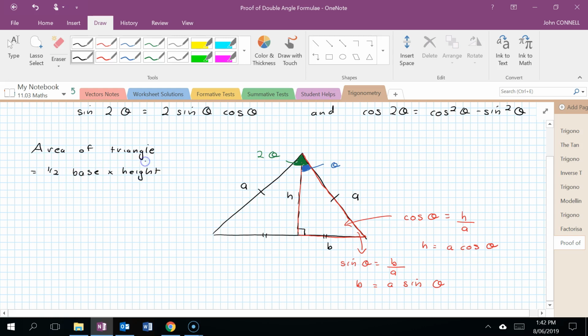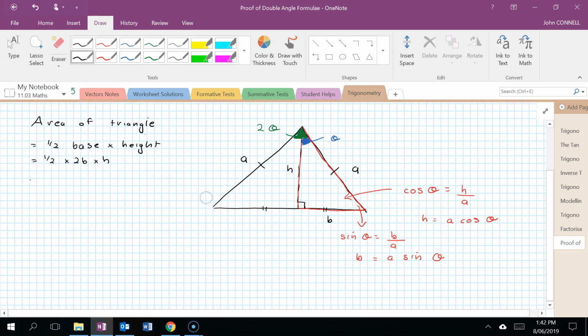Now, the base in this case is twice b, so it's going to be half times 2b times h, because we said b was just half of this bottom side. So it's going to be half times 2a sine theta, that's what we found b was, times a cos theta. So if I put that all together, the half and the 2 will cancel, the a will multiply by itself, so we get a squared sine theta cos theta.